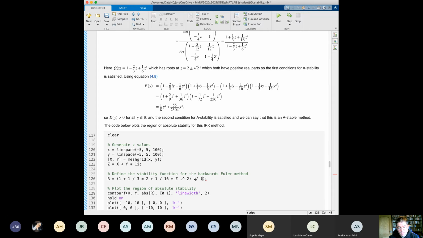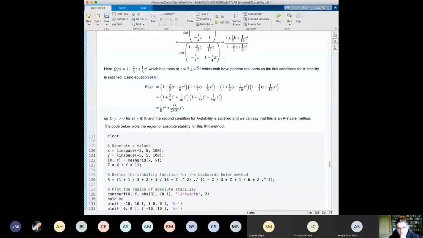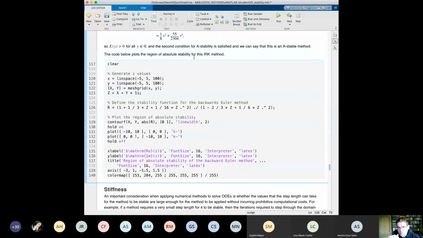Then 2/3 times z plus 1/6 times z squared. So that's this function put in here. I might have to mess about a little bit with the range.